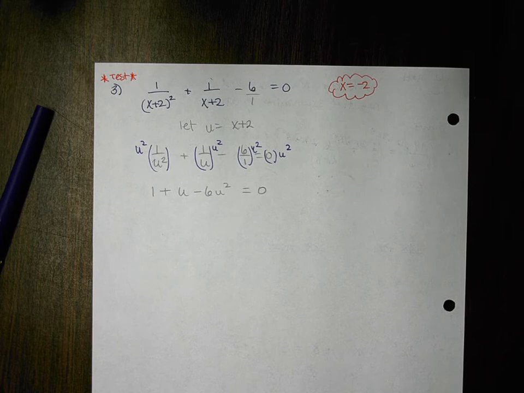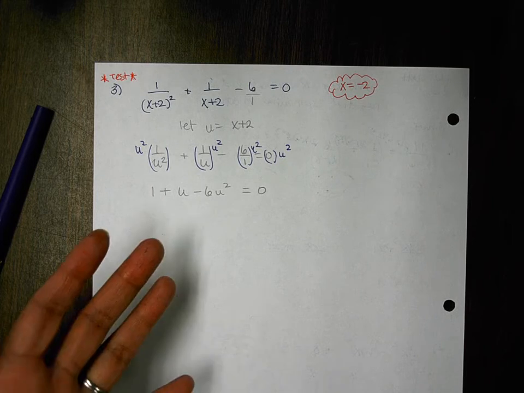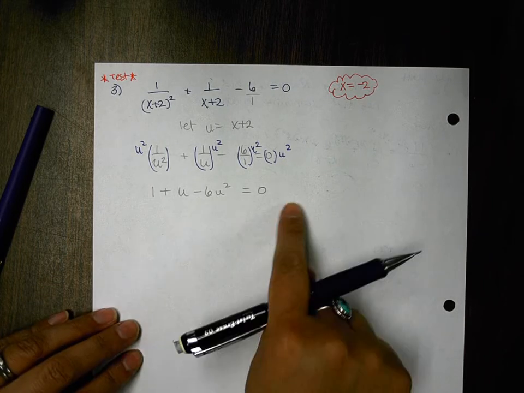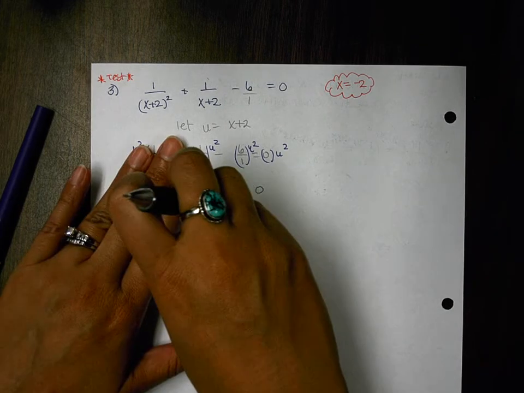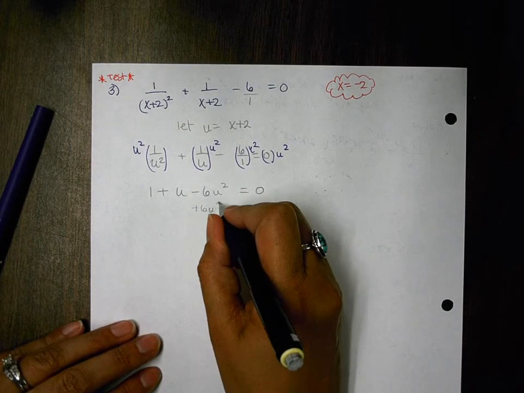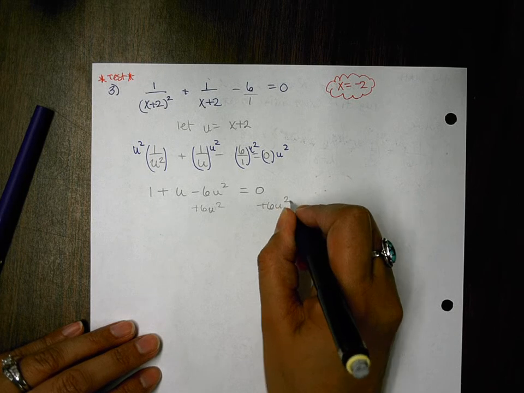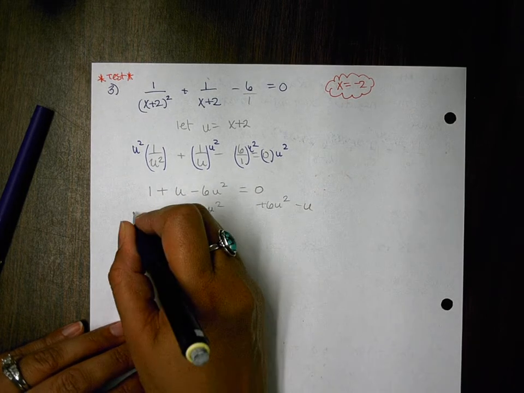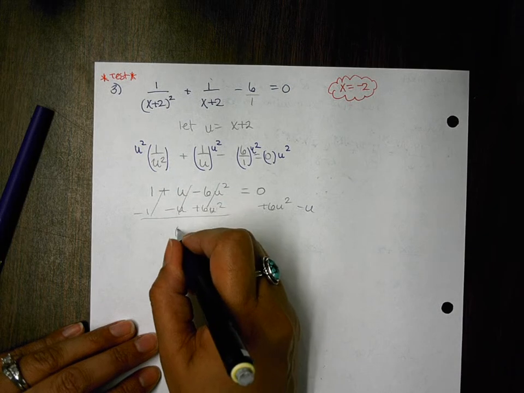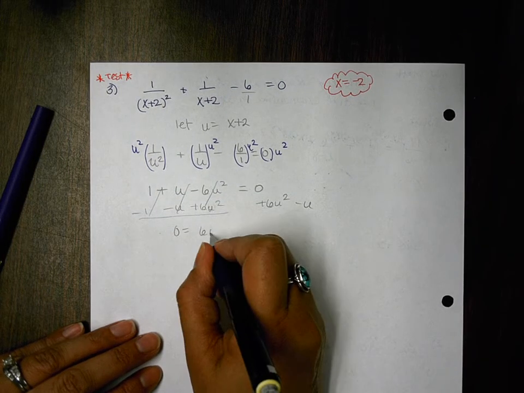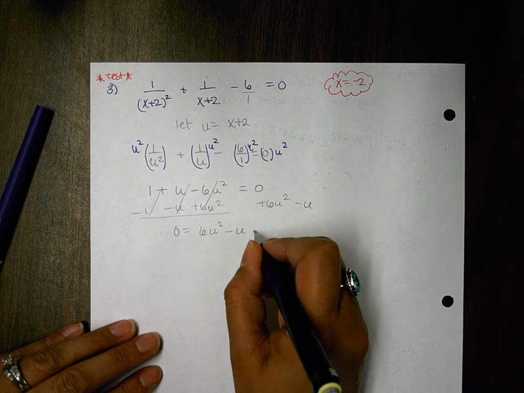And there's a few ways of doing this. You can factor backwards. You could add everything to the other side. I'm just going to do that so that the 6 becomes positive. Or you could divide everything by a -1. 0 equals positive 6u squared minus u minus 1.